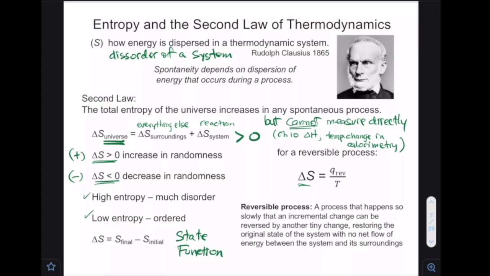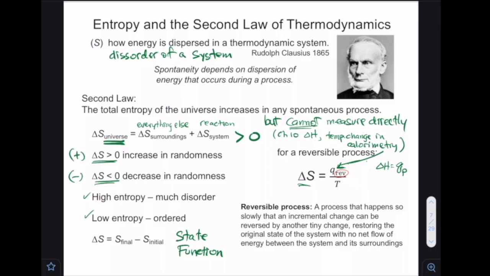So Q, this is something that we can measure using, for example, calorimetry. Enthalpy itself is simply Q that we would measure at a constant pressure. The reversible part, it's a special case of when things are what we consider to be a reversible process.